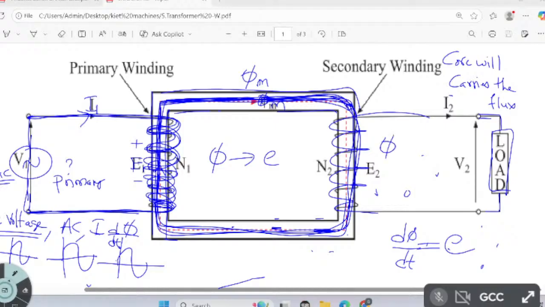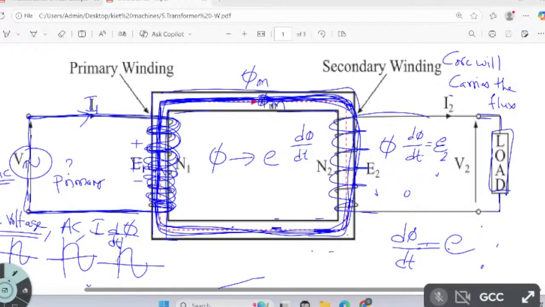That flux is alternating in nature, dφ/dt. Because the flux is flowing through the core and the winding is available around the core, this dφ/dt is also capable of establishing a voltage, which is called the secondary induced EMF, that is E2.